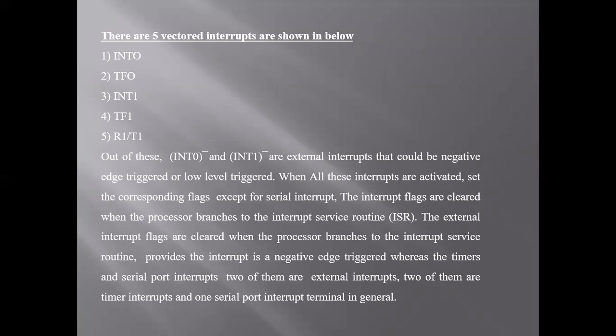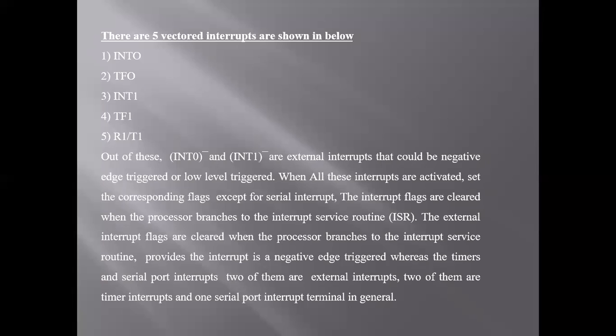That is INT0, second one TF0, third one INT1, fourth one TF1, fifth one R1/T1. Out of these, INT0 and INT1 are external interrupts that could be negative edge triggered or low level triggered. When all these interrupts are activated, they set the corresponding flag except for the serial interrupt.